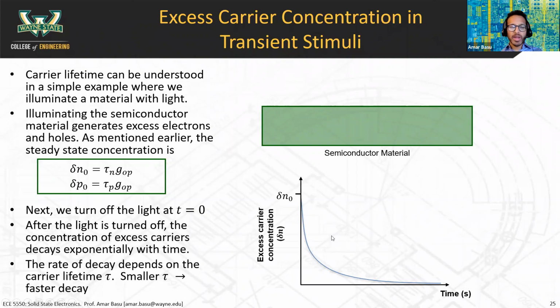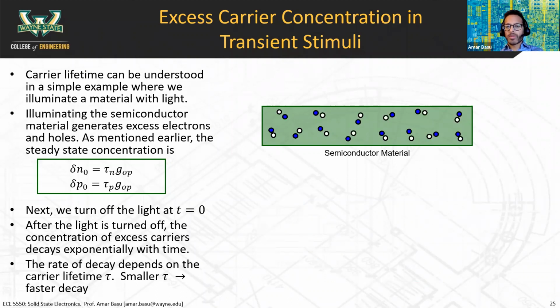Okay, this is a very common thing in engineering. You guys know exponential decays are very common. Whenever you have a situation where the rate of a process depends on the concentration of something, you end up having exponential decays. Okay, a great example is in chemistry.